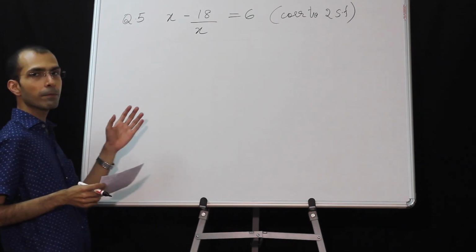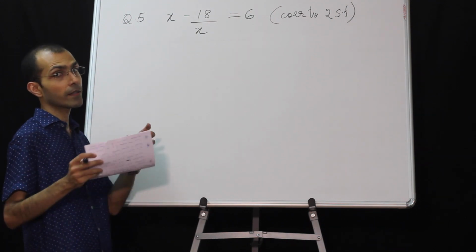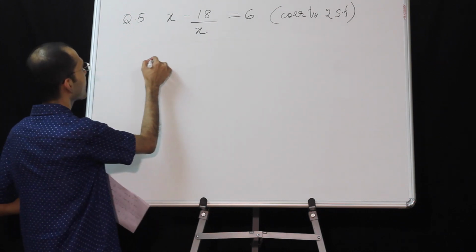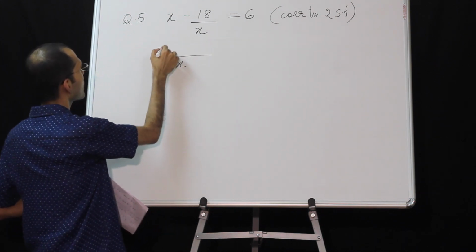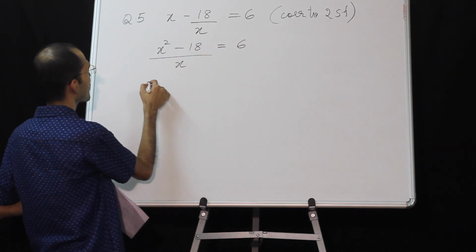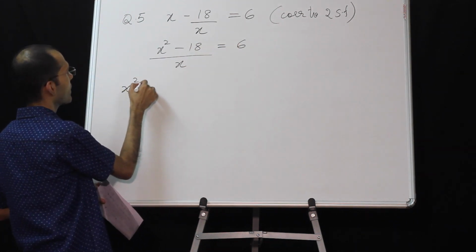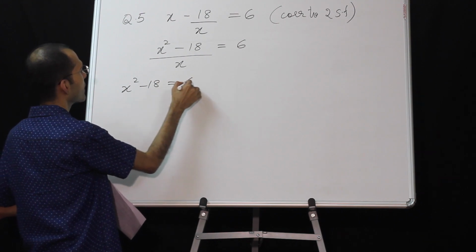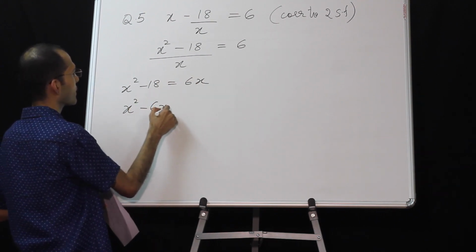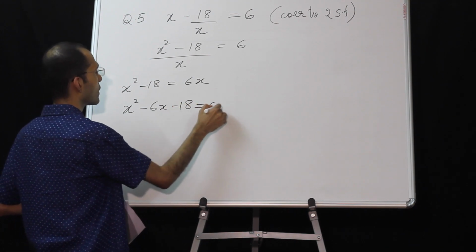Now we will have to simplify this equation, get it in the standard form, and then only we can proceed. Take the LCM x, this will be x square minus 18 is equaling 6x. So x square minus 6x minus 18 is 0.